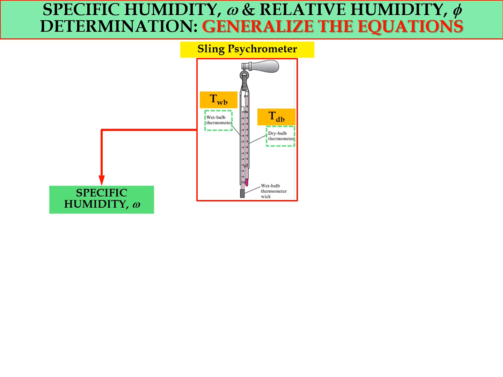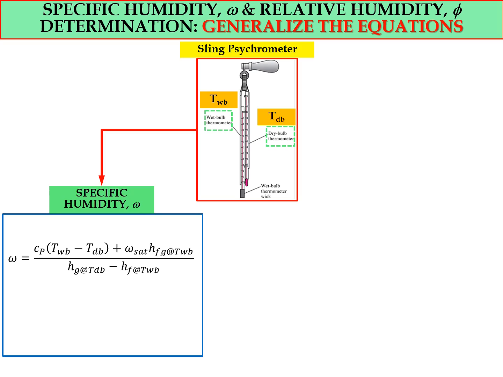So for the specific humidity equation omega that we obtained from the adiabatic saturation process, we will use omega equal to Cp multiplied by TWB minus TDB, plus omega set, which represents the specific humidity at the saturated air condition, multiplied by hfg at wet bulb temperature.